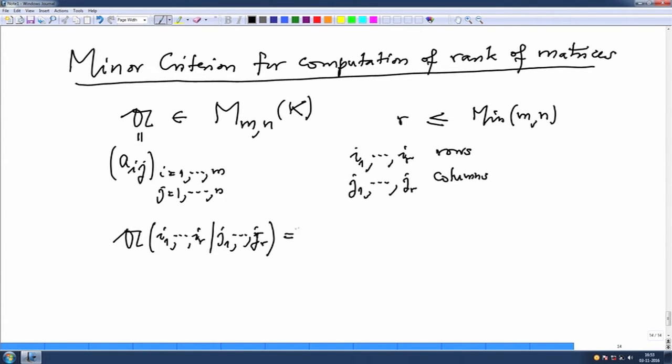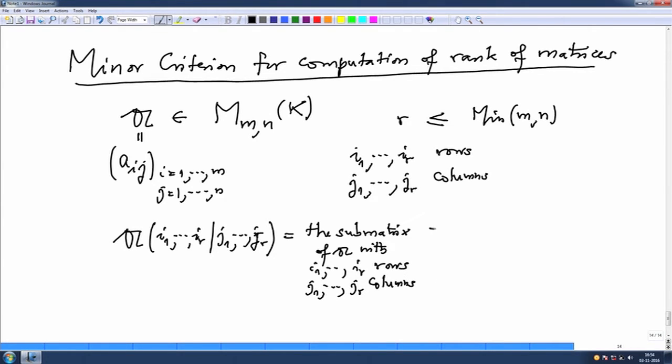This is the submatrix of A, which consists of i1 to ir rows and j1 to jr columns.